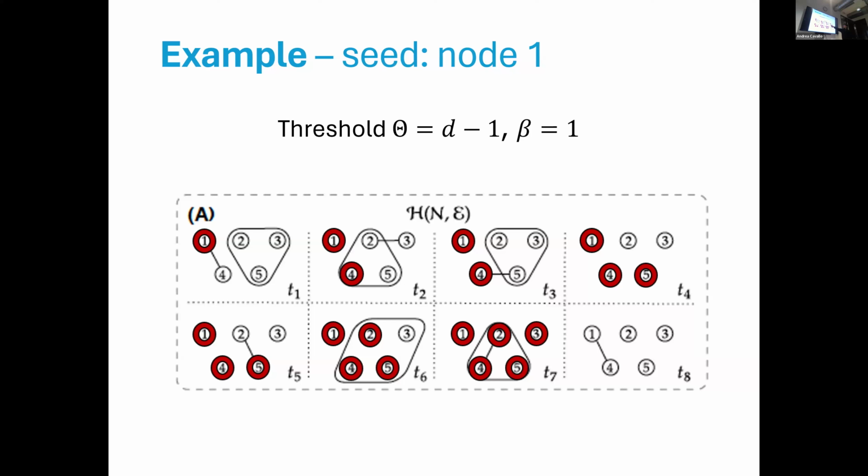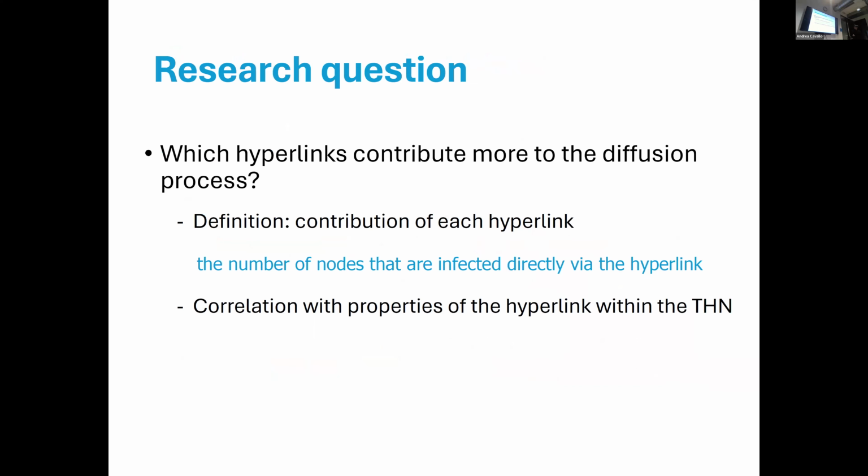So it cannot infect node 2 and node 5 in the next time step. But at t3, node 4 has a pairwise interaction with node 5. For an order 2 hyperlink, the threshold is 2 minus 1, so it's 1. So node 4 infects node 5 in the next time step. So for different thresholds, a diffusion may follow different trajectories. This is an example of a contagion process on temporal high-order networks.